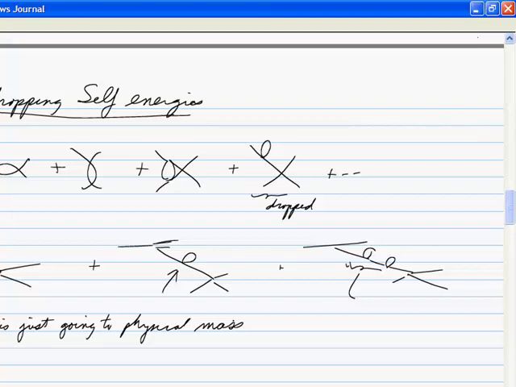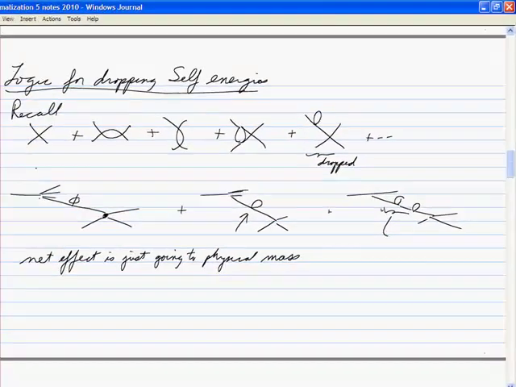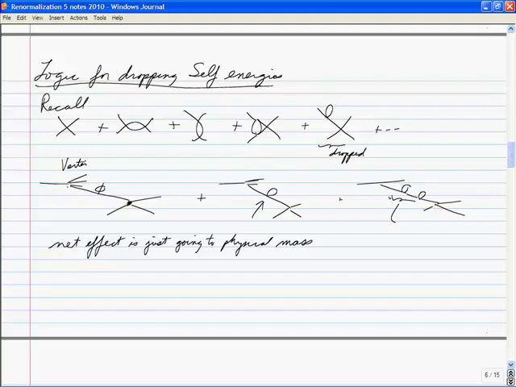Now that's actually not quite true. If you were to do this calculation, let's imagine this is vertex number 1, this is vertex number 2, then the piece that corresponds to that process would be the on-shell part.